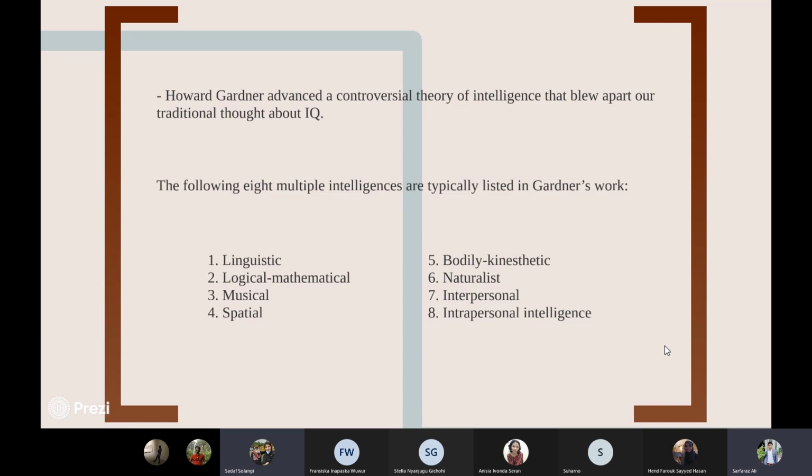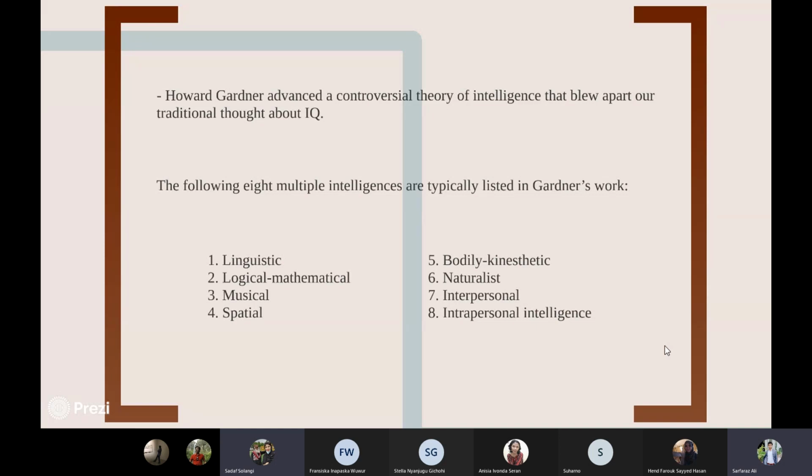The sixth one is the naturalistic, the sensitivity to natural objects, such as plants, animals, and the clouds, and so on. And seventh one is the interpersonal ability, that is an ability to understand others, how they feel, what motivates them, how they interact with one another, and so on.